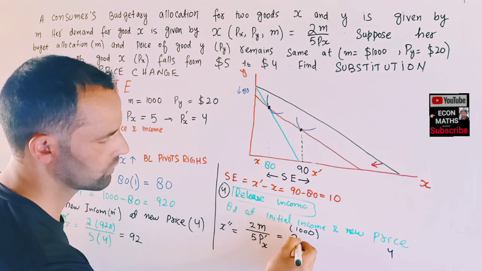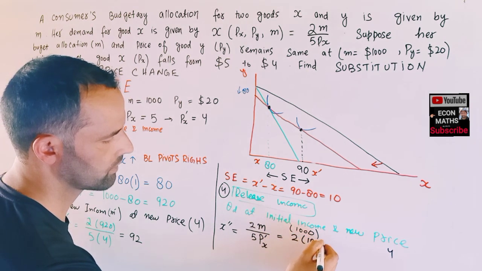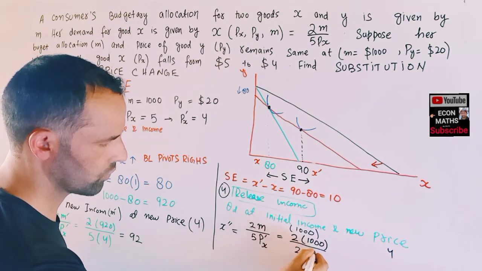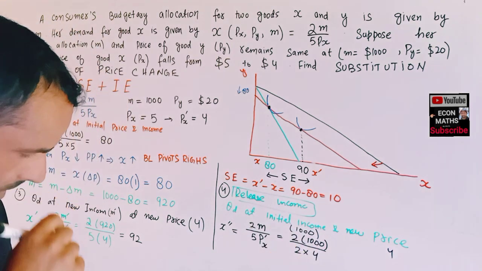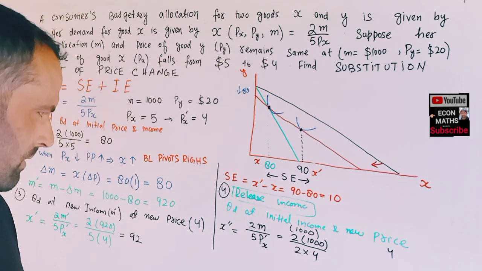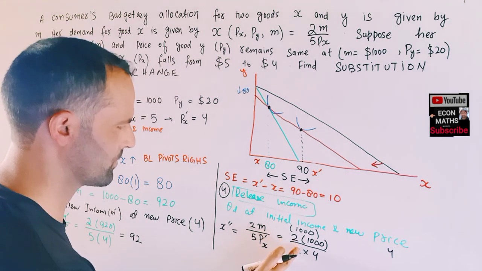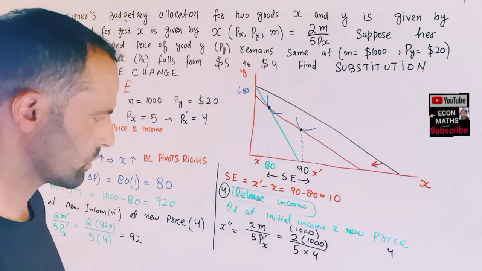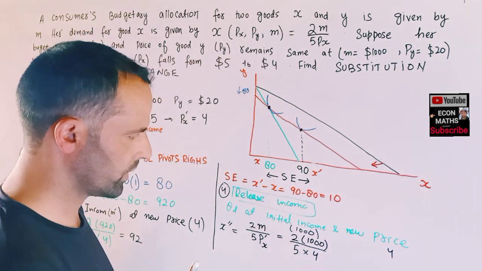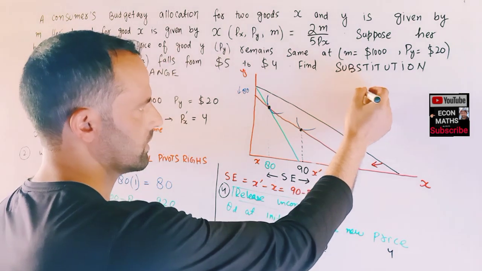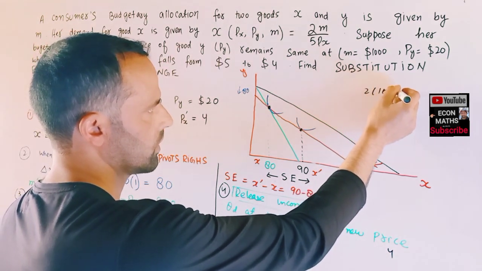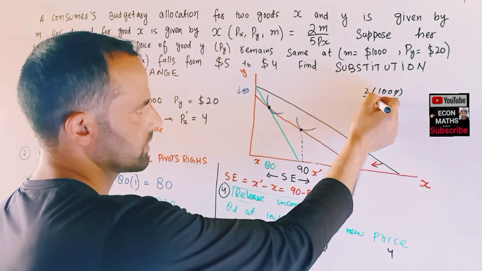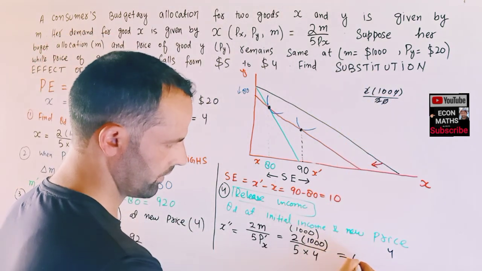So this is 2 into 1000, divided by 5 for the 20. So it is 2 into 1000 divided by 20. You cancel, and it comes out to be 100.